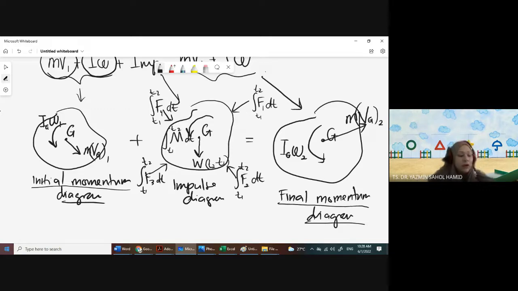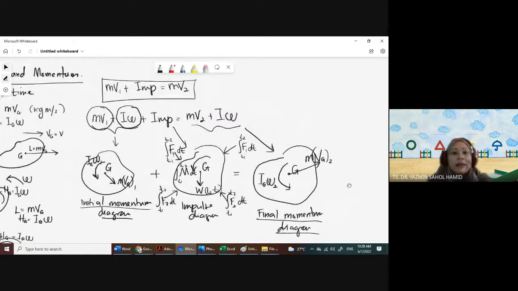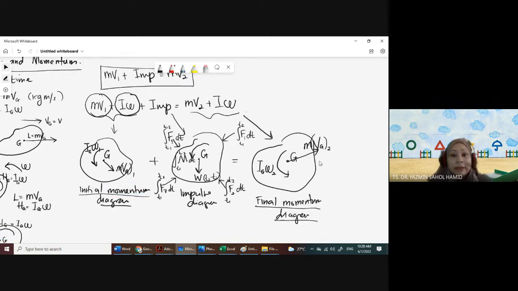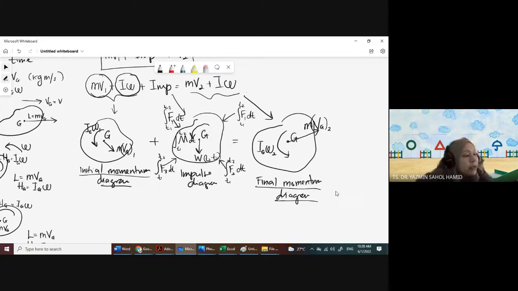Now, so this is the concept that you must understand. And then the other thing that you must understand, this free body diagram that you can see here, that I draw with the initial momentum diagram, impulse diagram, final momentum diagram. When you equate in the equation, you have to follow the direction.